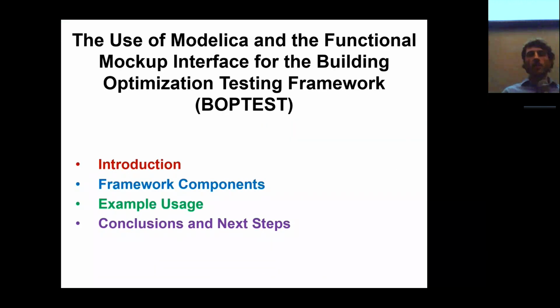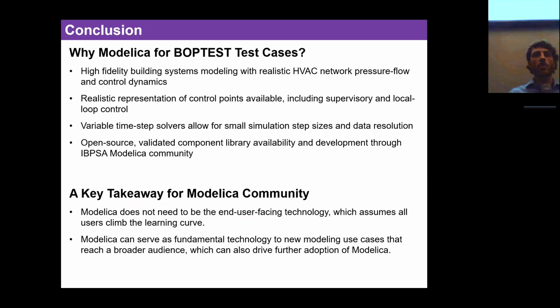So that's an overview, just some conclusions and next steps in terms of where we're going. So why Modelica for the BOP test cases? Well, it offers opportunities for high fidelity building systems modeling and realistic HVAC network pressure flow and control dynamics, which is really important for these models.